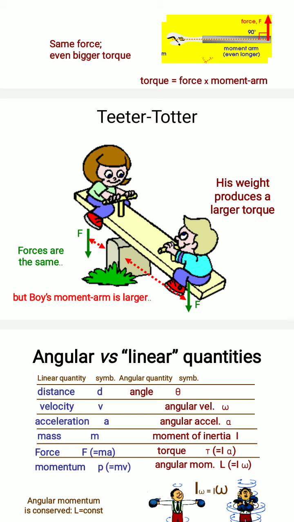That is the moment arm. It is larger for the boy and smaller for the girl. That is why the torque is larger on the boy's side, and why the boy is sitting down while the girl is up. His weight produces larger torque, because force into moment arm distance is larger there.